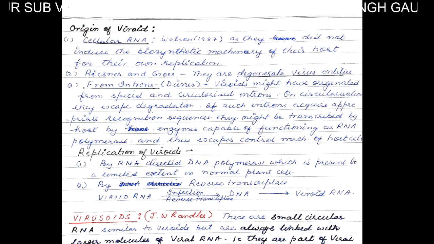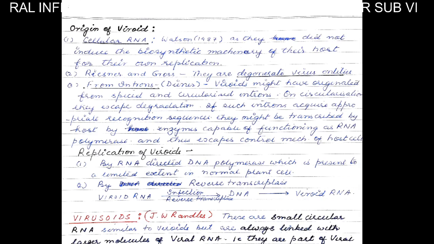Diener, another scientist, said that they originated from introns, and the viroids might have originated from spliced and circularized introns. You might have studied, I don't know whether it is known to you or not, that introns are spliced during the splicing of genes, and the exons get ligated.